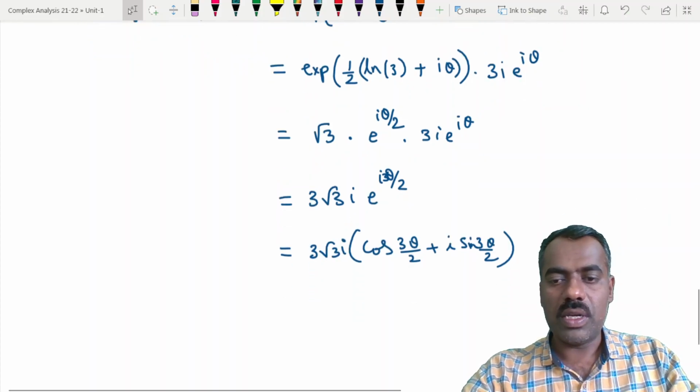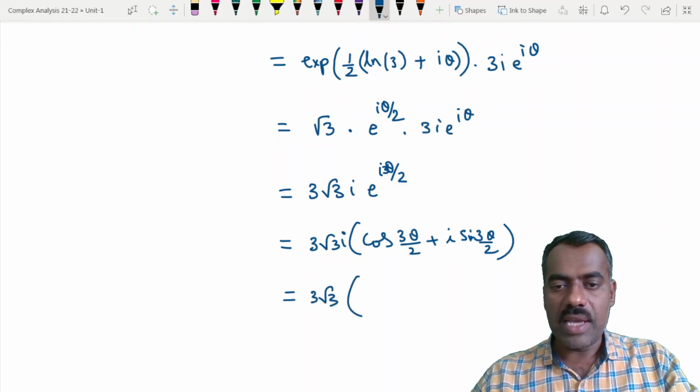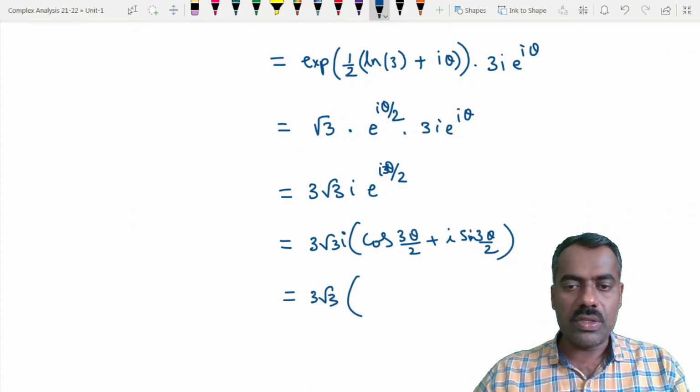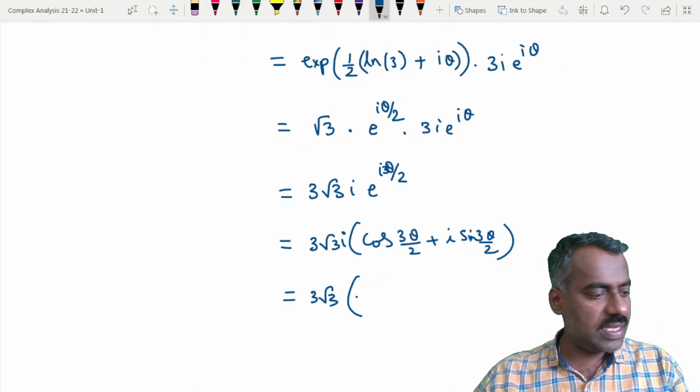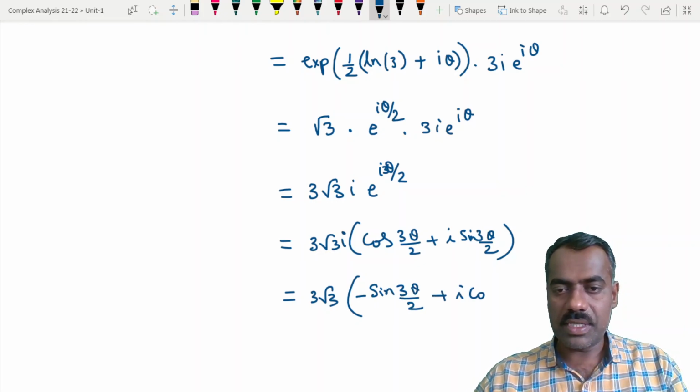Okay, so that means if you take i inside, this is 3 root 3 into i square is minus, right? So this is same as minus sine 3 theta by 2, plus i times cos 3 theta by 2.